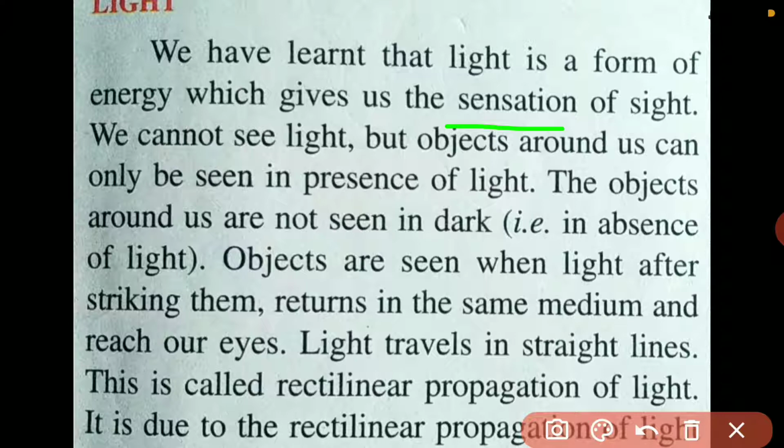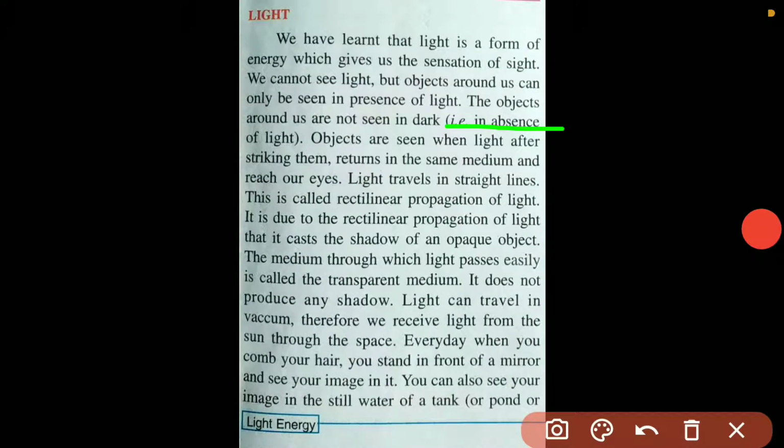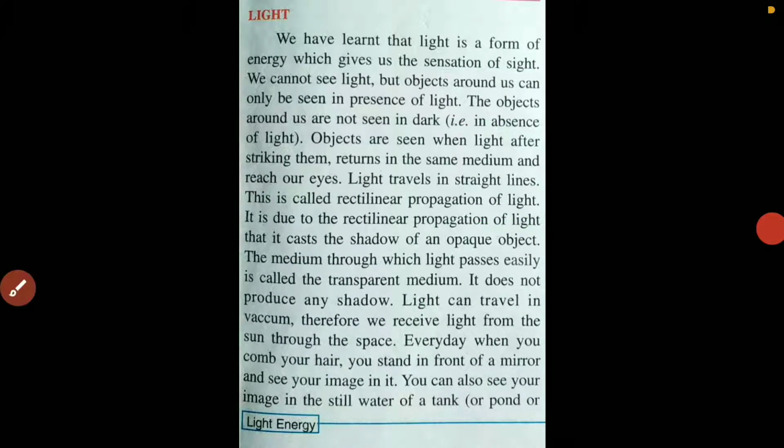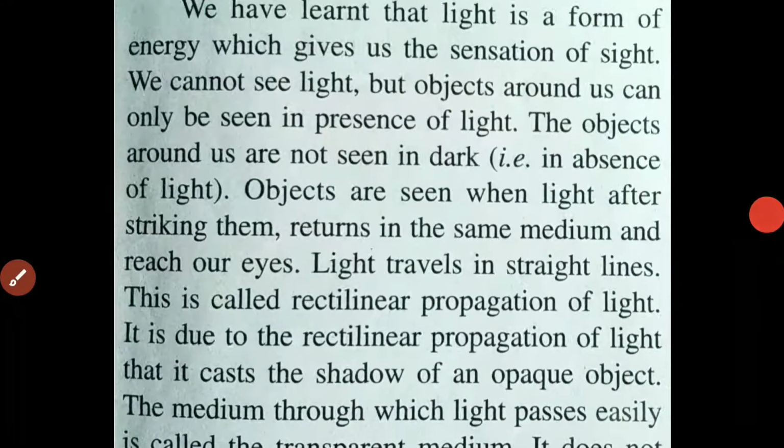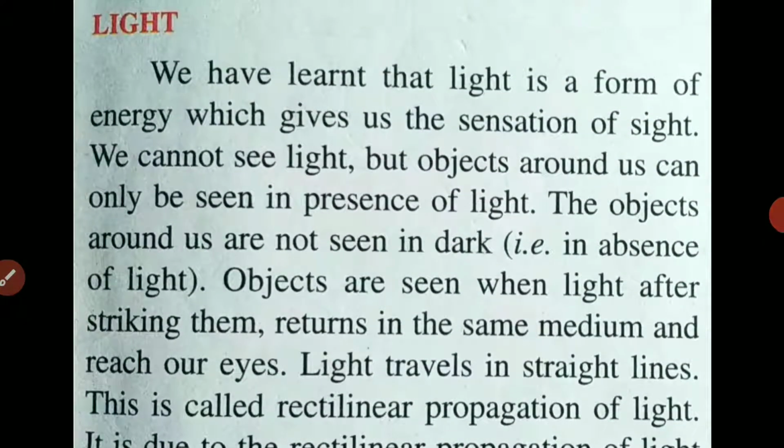But when the light is switched on, the light coming out from the bulb or any other source will strike the object, and then that light will come and hit the eyes. When that light strikes the retina of your eye, you are able to see things. Just now you must have observed that the screen went off and turned black. At that time you were not able to read because there was no light emitted from the screen.